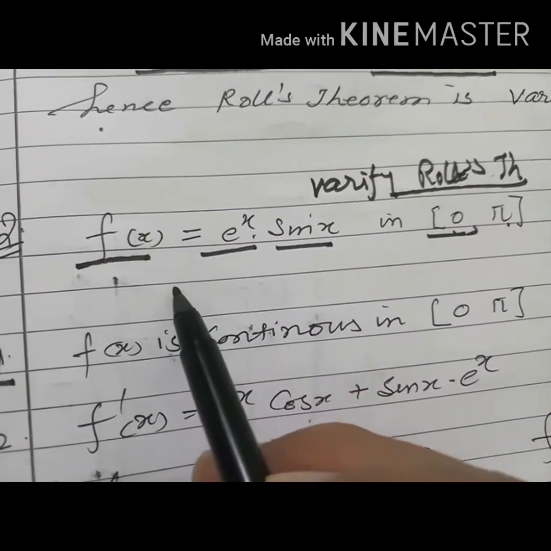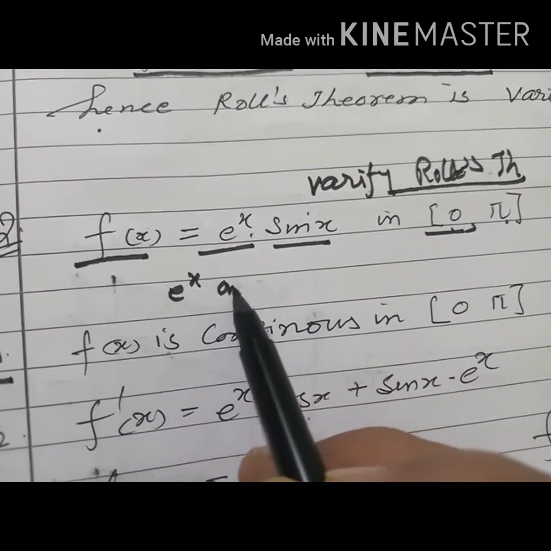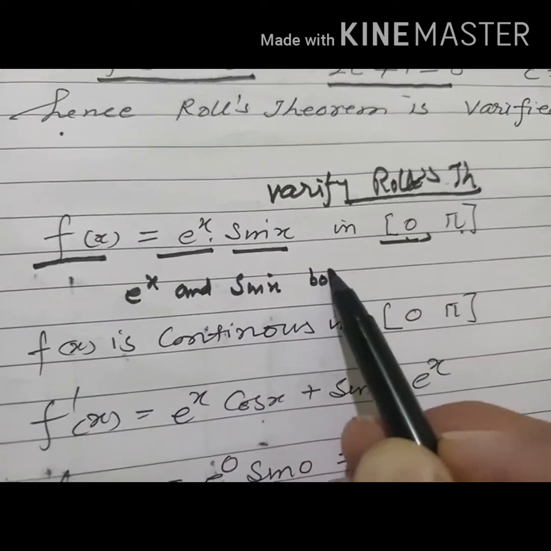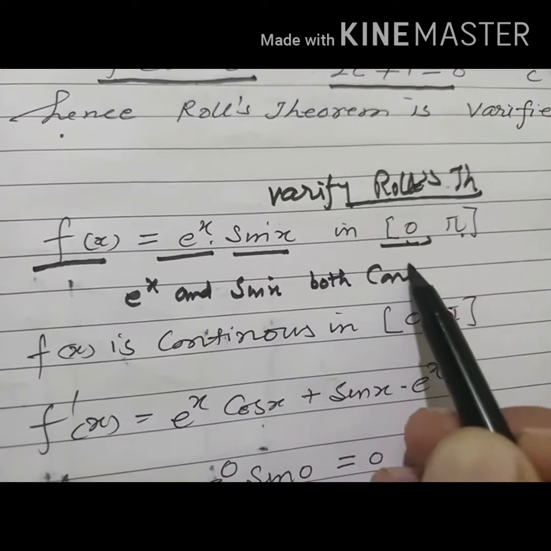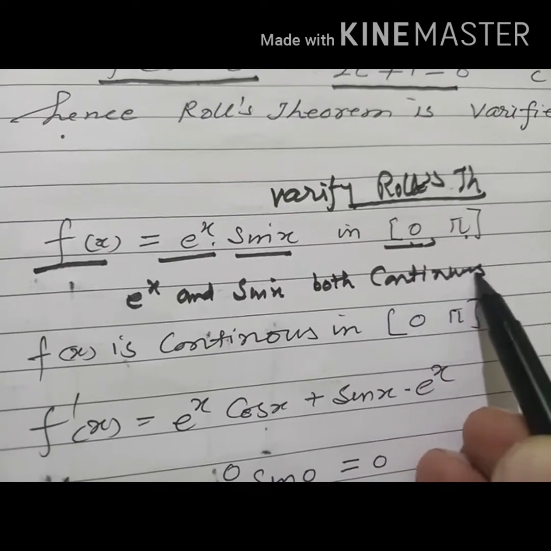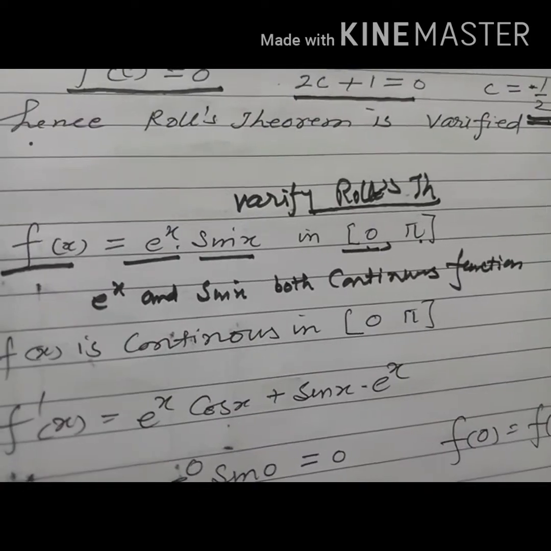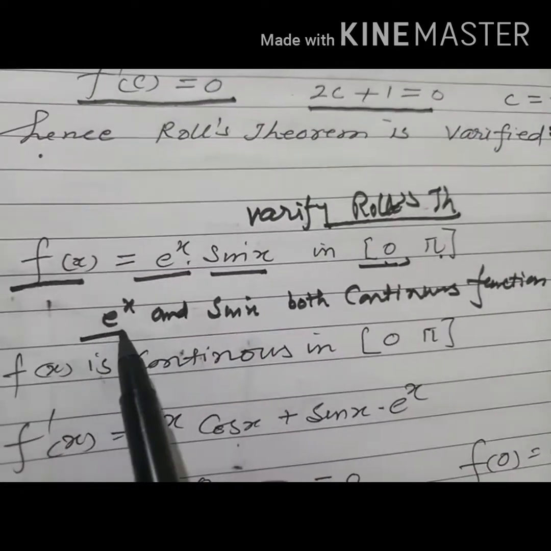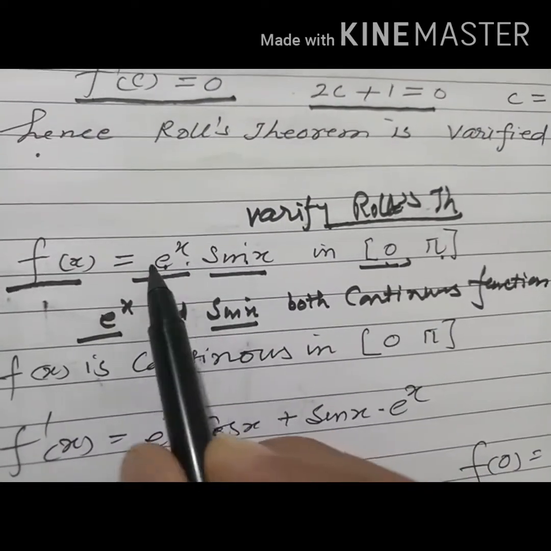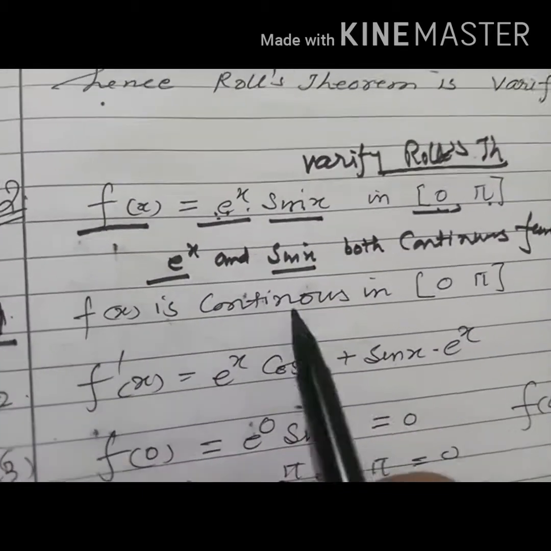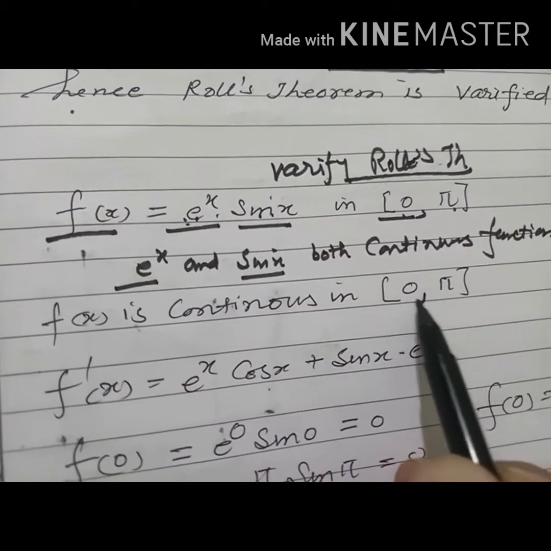What is e raised to power x and sin x? Both are continuous functions. And what about the product of two continuous functions? It is also continuous. So function f x is continuous in closed interval 0 to pi.